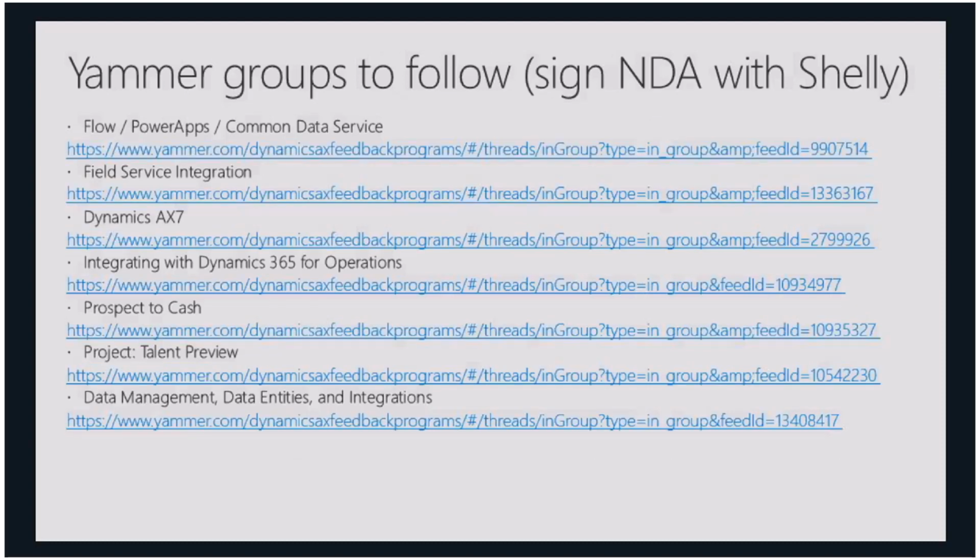Depending on which part of the project you're working on, you may want to join Prospect to Cache or the Talent Preview, Dynamics X7. It's always very useful. There is also a very generic Yammer for Dynamics 365 for operations. If you use field services, you join that Yammer, and for Flow and Power Apps, we also have a separate Yammer, and all those groups are very active. Remember that you will need to sign an NDA with Shelly before she can add you to those Yammer groups.